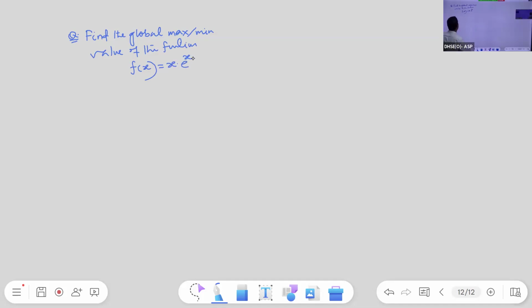And the global max or min value of the function f of x equals x into e power x.